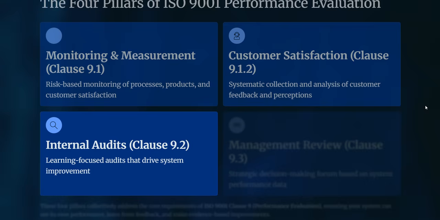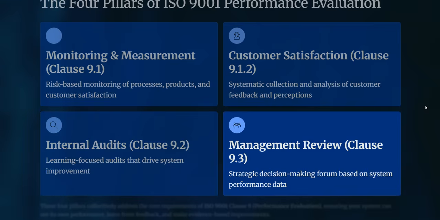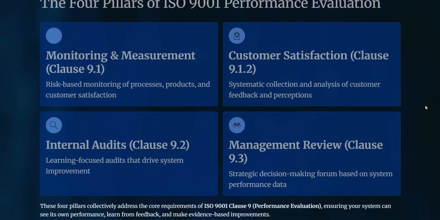The fourth pillar is management review, clause 9.3, which covers a strategic decision-making forum based on system performance data.